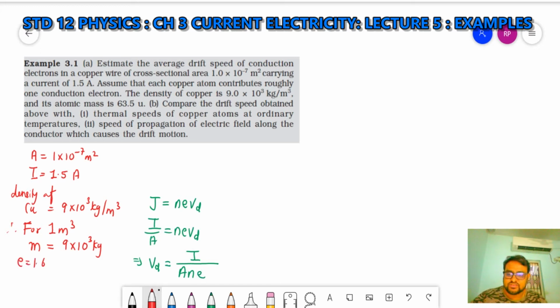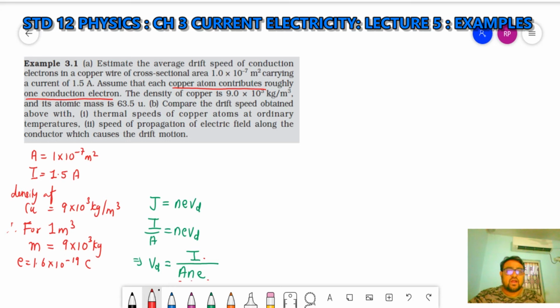It's 1.6 into 10 raised to minus 19 coulomb. Now area is there, current is there, charge of electron is there. Now remaining is number density. What is n? Number of electrons per unit volume, means for one unit volume, how many electrons are there? It is clearly given that each copper atom contributes roughly one conduction electron.